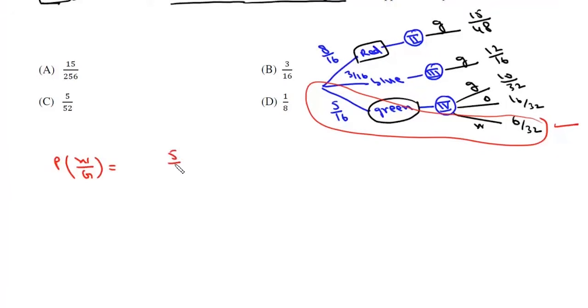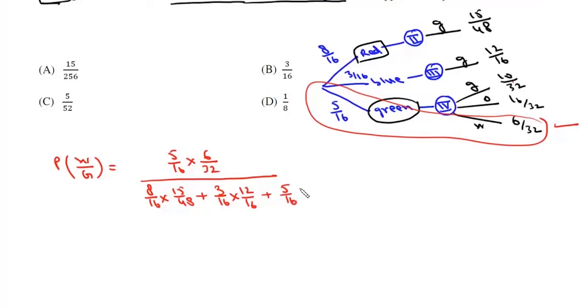So it'll be 5 by 16 into 6 by 32 upon 8 by 16 into 15 by 48 plus 3 by 16 into 12 by 16 plus 5 by 16 into (this plus this, which is 1). So it'll be this value.